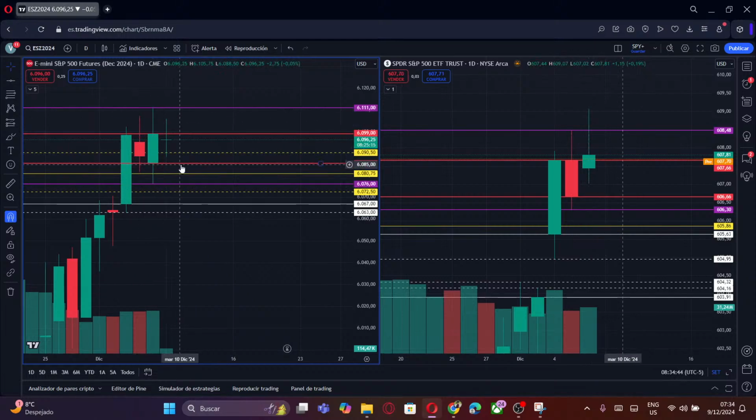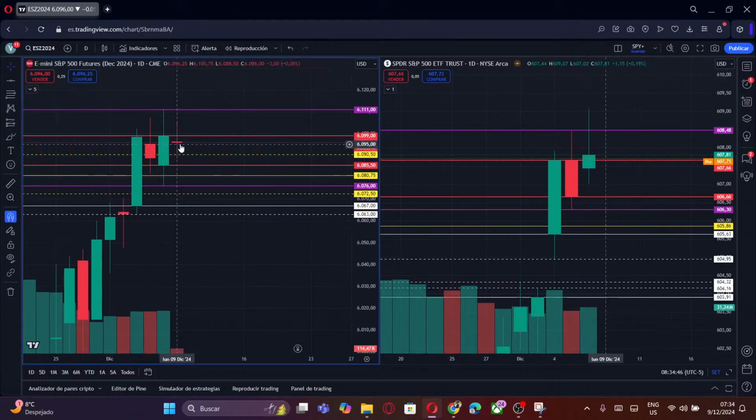Okay, so we need to be careful trading this, but let's try to define a scenario in this case, because what could happen is that the price breaks the red line, which is the open here, the close here, expecting to travel to the purple line, or at least just a few points, and reject back to fill up this wick here.